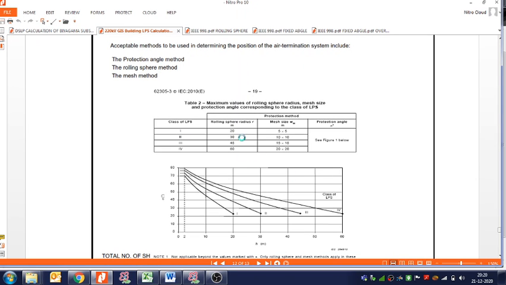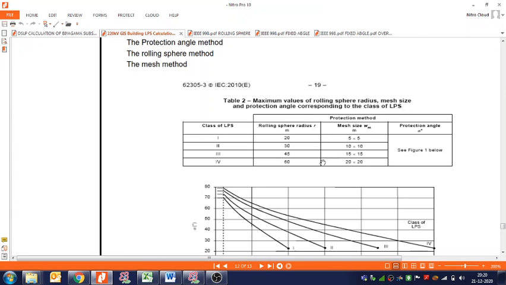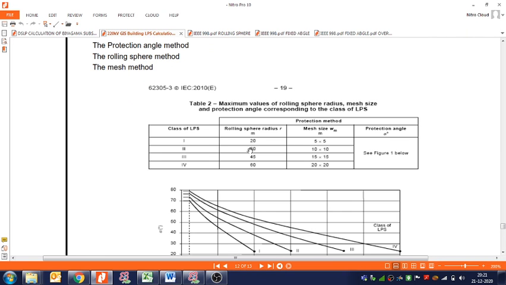So the rolling sphere radius, if class 4 then 60 meter, and the mesh size is 20 by 20. If class 3 then 45 meter, mesh size is 15 by 15. Similarly class 2 is 30 meter and 10 by 10. So we can see here, when the class increases, this mesh size reduces, and we have to take more conductor here.